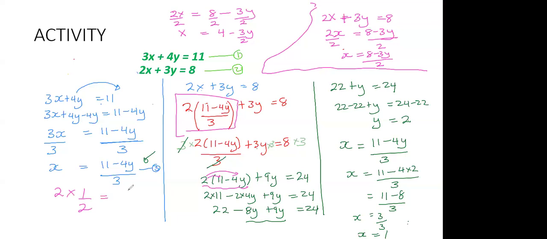It's 2 out of 2, which is 2 out of 1. So you will not say that 2 times 1 out of 2 times 2. Are you getting it?